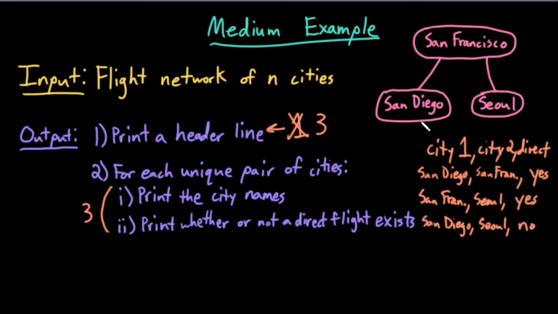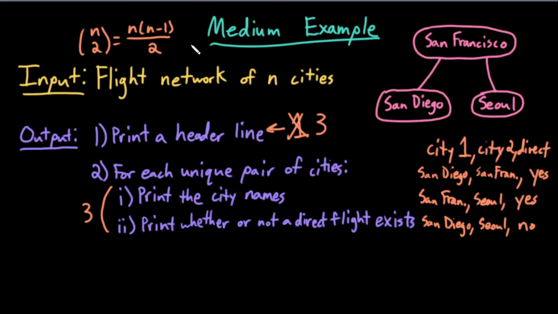So if I have n possible cities, just remembering some mathematical notation, I would have n choose 2, or n times n minus 1 over 2 possible unique pairs of cities. Basically, n to pick as your first one, n minus 1 to pick as the second one, and you divide by 2 because if I have San Diego, San Francisco, I don't also want to have San Francisco, San Diego. That would be double counting.